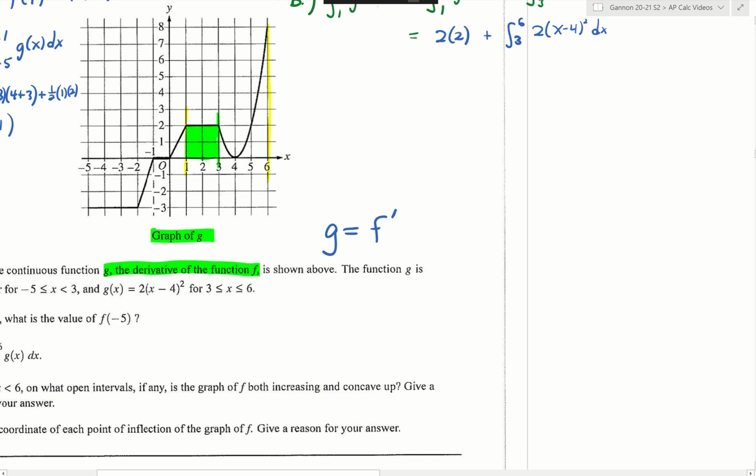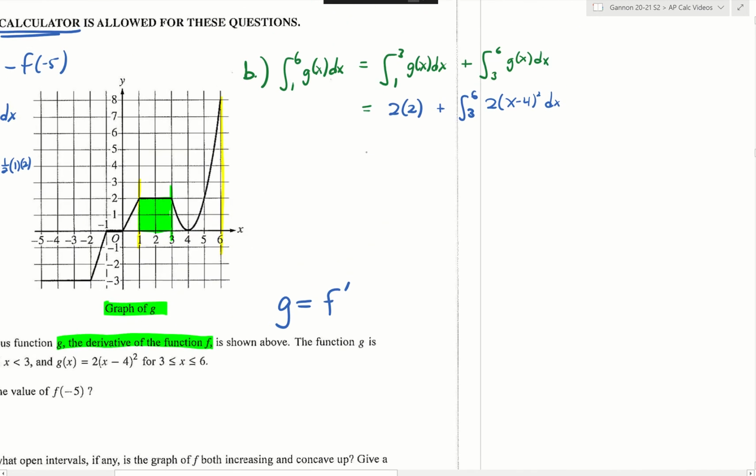If we're going to integrate that function, I would expand it first. So this is going to become x squared minus 8x plus 16. And when we multiply that by 2, we get 2x squared minus 16x plus 32.